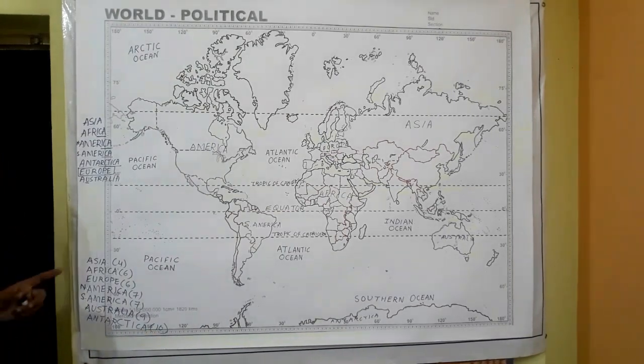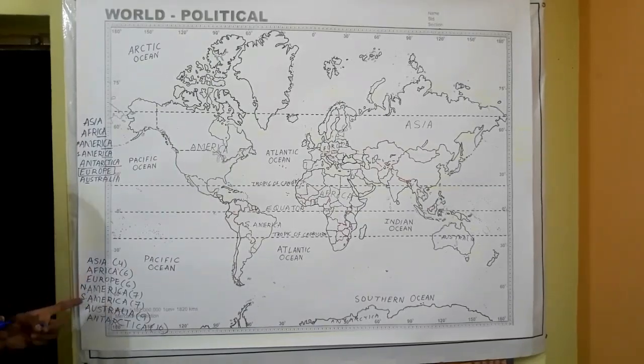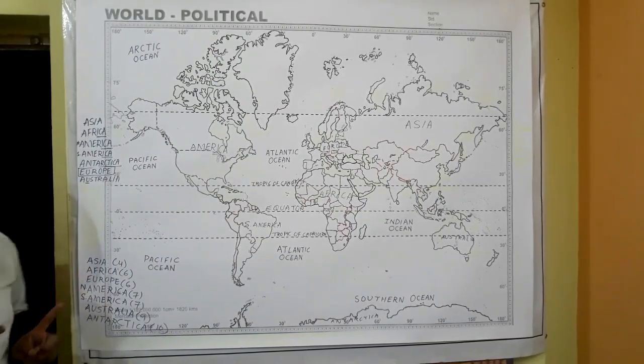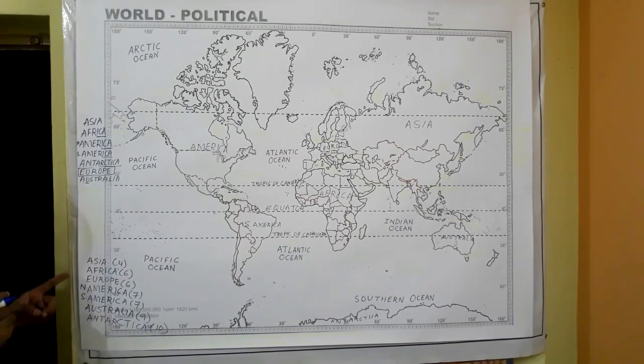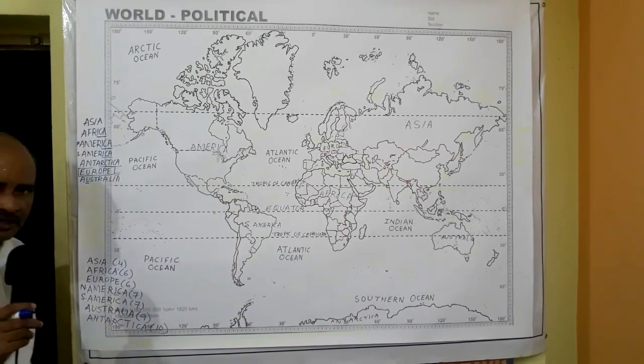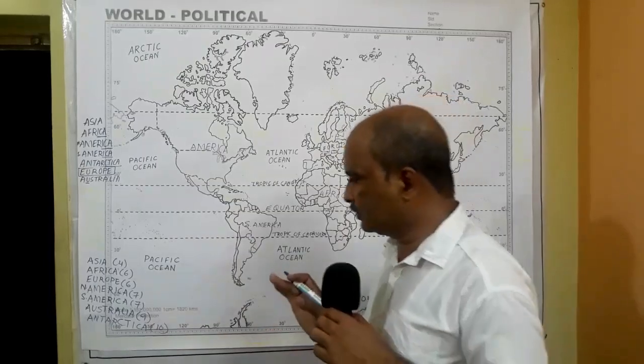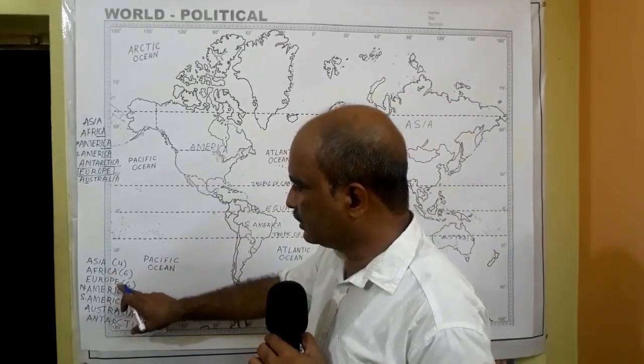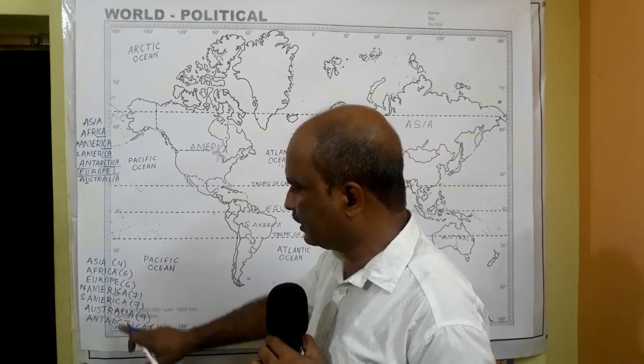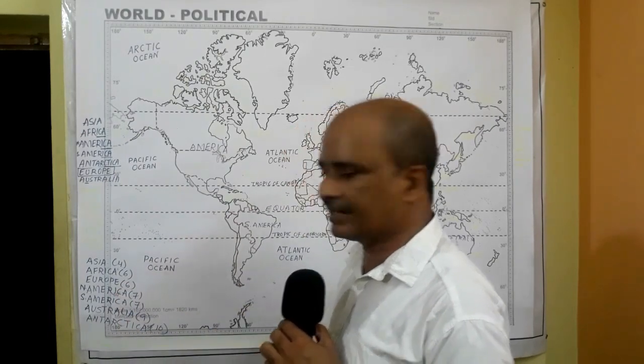So you understood the logic, how the ranks based on population are given by the number of letters. But in North America and South America, we shouldn't take North and South at the very beginning. That is only for understanding. So Asia, Africa, Europe, America, Australia and Antarctica.